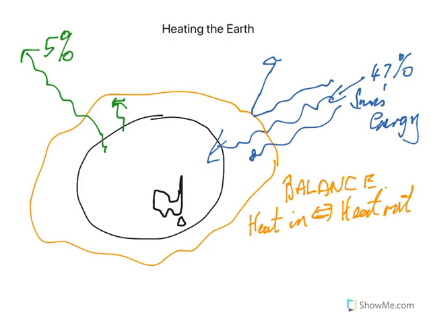This is what's of concern now to some scientists: how are we changing our atmosphere so that the amount of heat that goes out, rather than being 5%, perhaps becomes smaller than that. That leads us on to what we term the greenhouse effect.